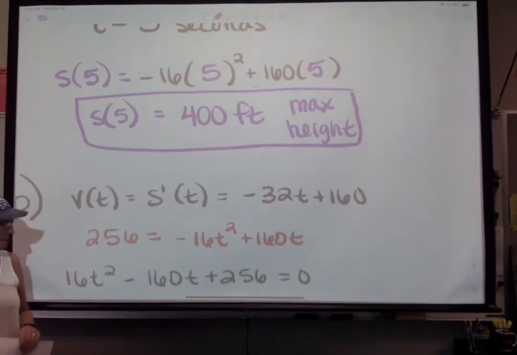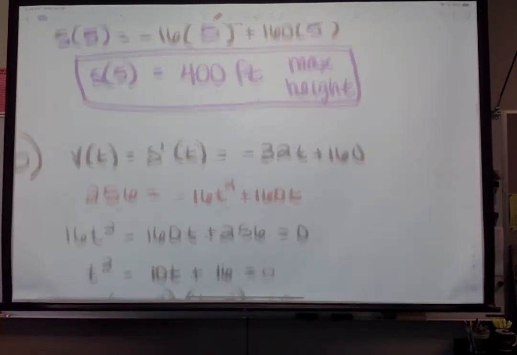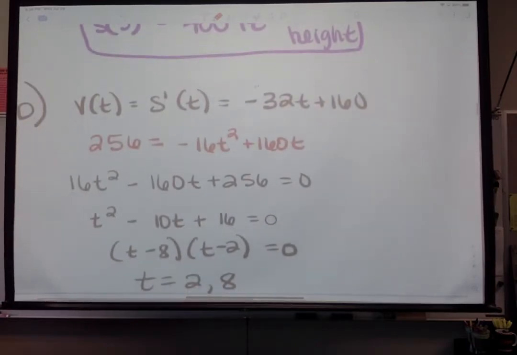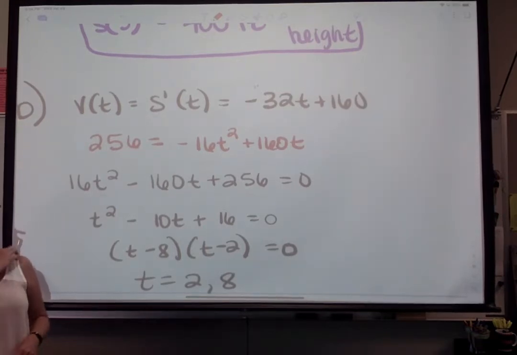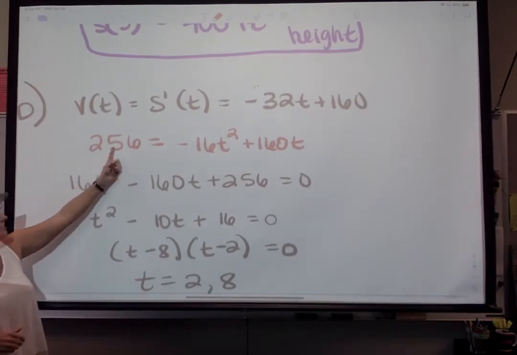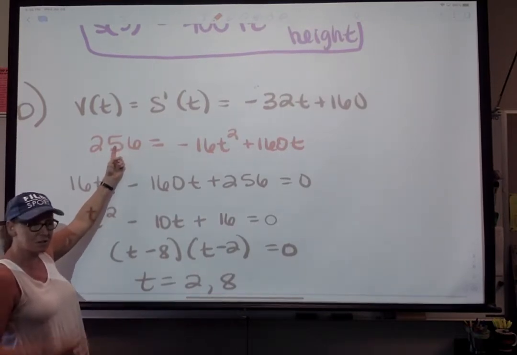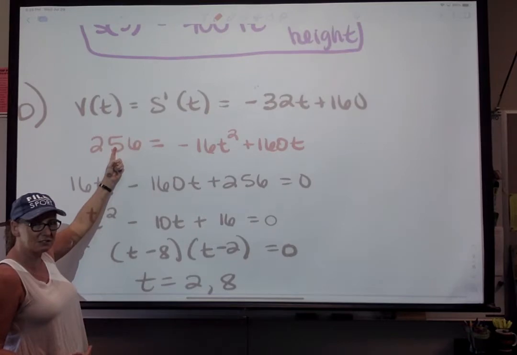I divided everything by 16, and I factored it. Oh, wait, hold up. I got 2 times, 2 seconds and 8 seconds. I got 2 instances where my height was 256. Is that right? Are there 2 times that the height of the rock was 256?